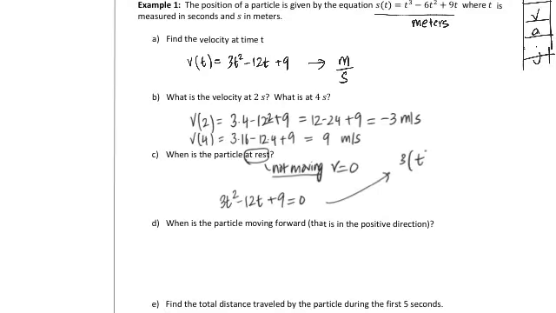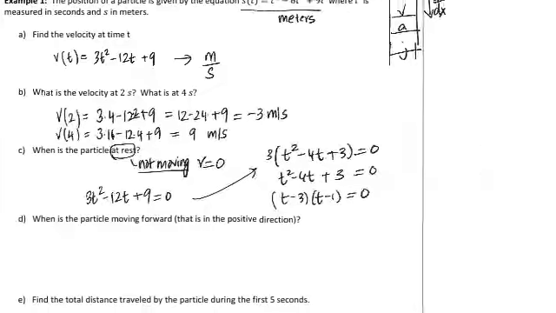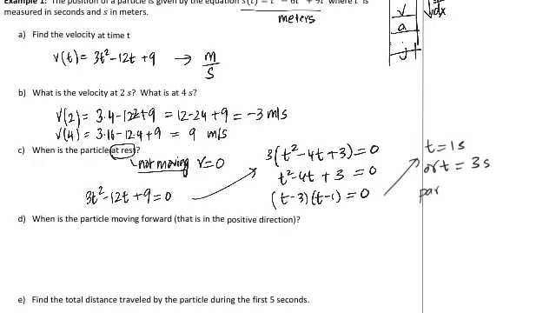You can factor out a 3 and divide both sides by the 3. Then you have t squared minus 4t plus 3 is equal to 0. T minus 3 times t minus 1 is equal to 0, which means t is equal to 1 or t is equal to 3. At 1 second and 3 seconds, the particle is at rest.